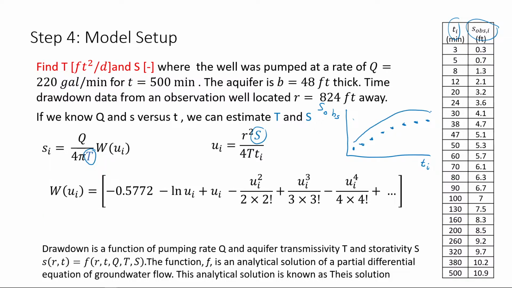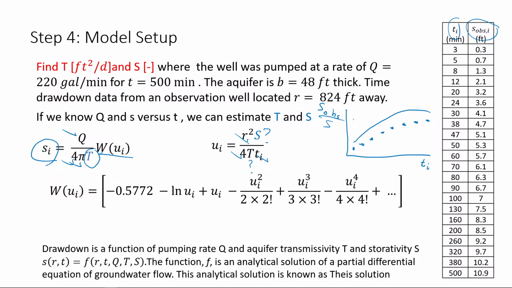But this is not a good fit. This is what I'm observing in the field, and I can also plot S as a function of t. I can assume a value, because what do we know and what we don't know? We know Q, r, and t. S and T are unknown.